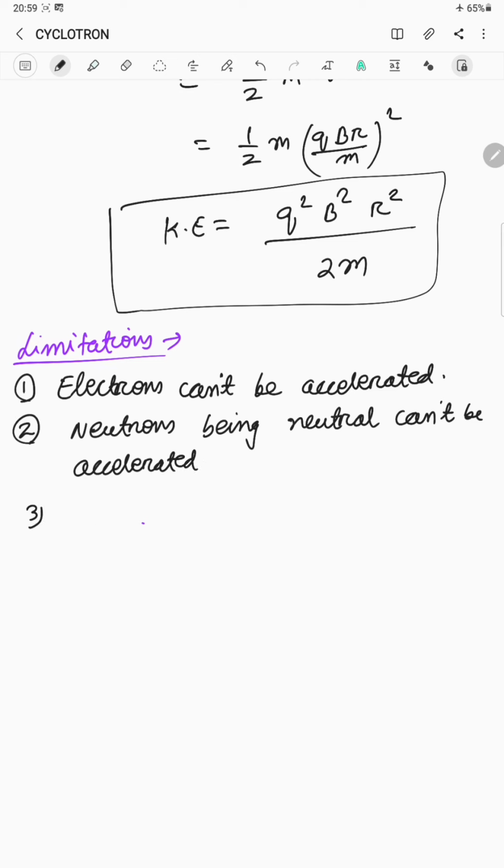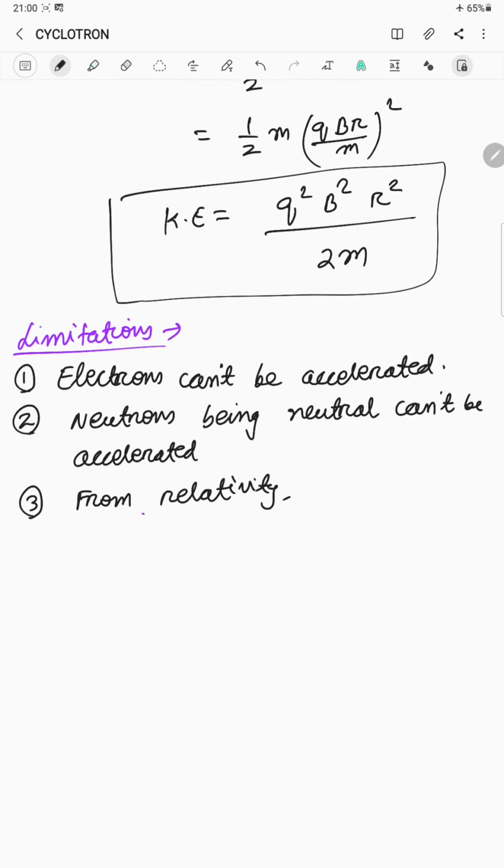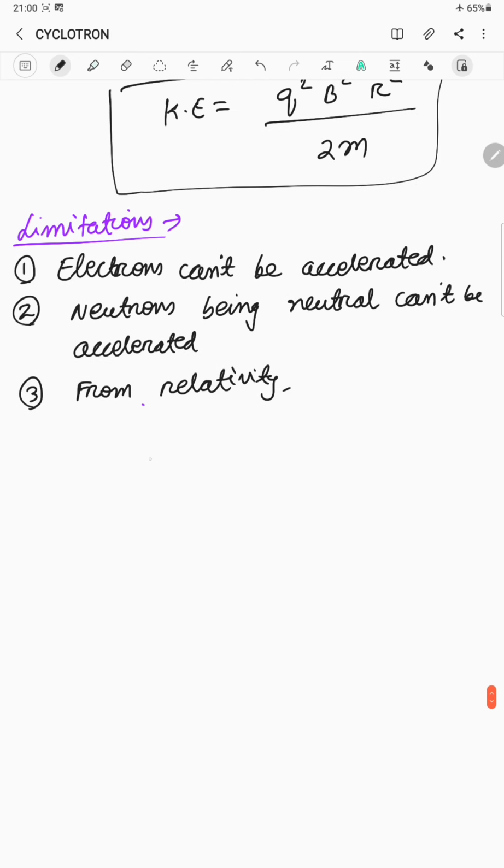The third limitation is from relativity. Let us try to understand. In my first lecture, I have already told you that m is equal to m naught divided by root over 1 minus v square by c square. m naught is the rest mass of the electron.